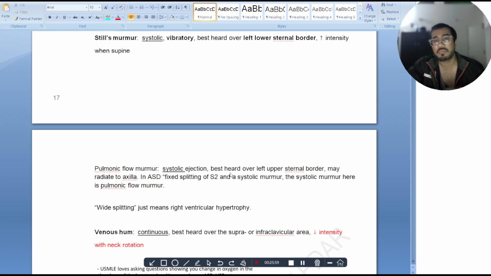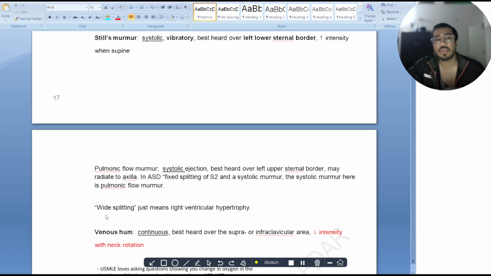It is a systolic ejection murmur best heard at the pulmonic area, and may radiate to the axilla. In ASD, there is fixed splitting of S2 and a systolic murmur; the systolic murmur here is the pulmonic flow murmur. So it's usually associated with ASD.